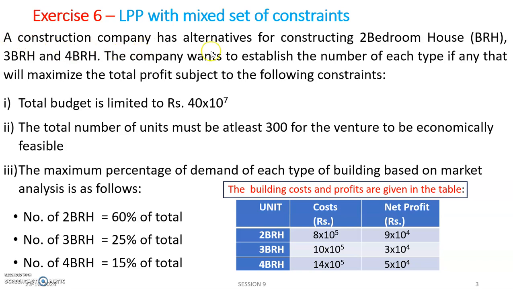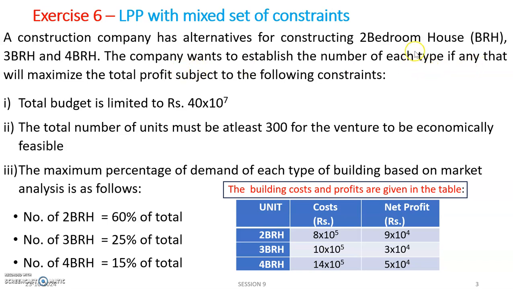A construction company has alternatives for construction of 2-bedroom houses, 3-bedroom houses and 4-bedroom houses. So 3 alternatives are there with the construction company. The company wants to establish the number of each type, if any. It may be there or may not be there.